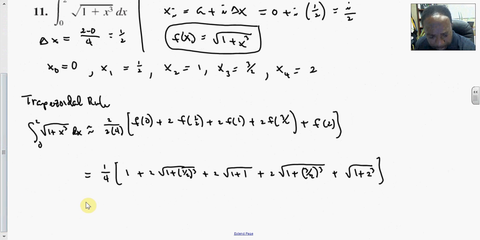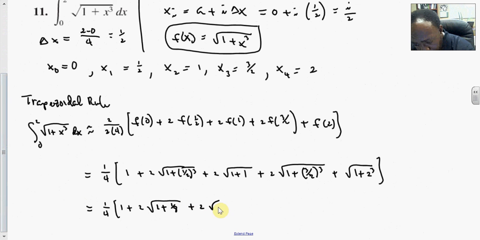So now we clean this up. So this is 1/4 times all of this, 1 plus 2 times the square root of 1 plus 1/8, plus 2 times the square root of 2, plus 2 times the square root of 1 plus 27/8, plus the square root of 9.